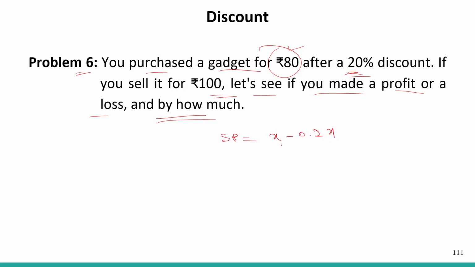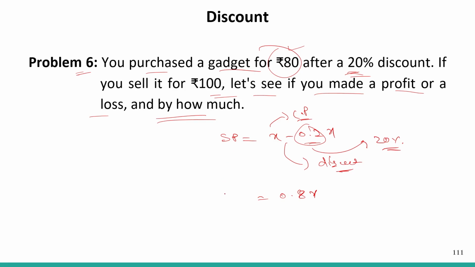You'll ask why these terms are here. We have assumed x as CP, the cost price, and 0.2x because the discount 20% in decimal form is 0.2, and the negative sign is there because we got a discount. So this is equal to 0.8x.